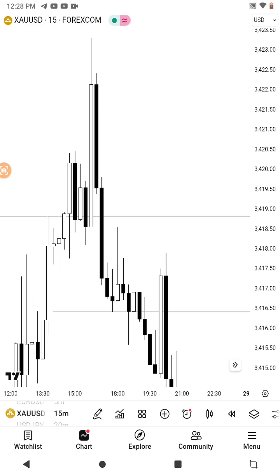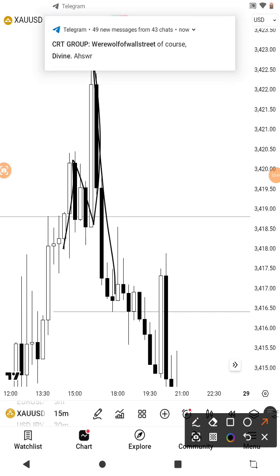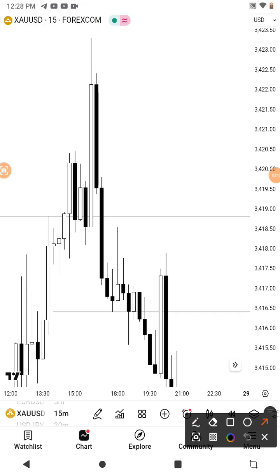First of all, we have a higher high, higher low, higher high, market structure shift, right? That is why whenever you're taking a CRT trade, make sure there's a fair value gap. If there's no fair value gap, then you reduce your risk.